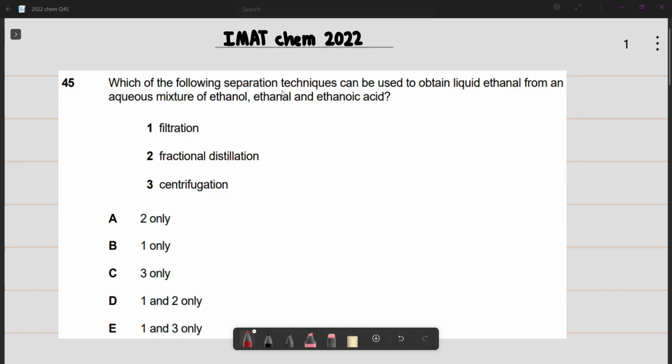First of all, we must know that this aqueous mixture of ethanol and ethanoic acid is a homogeneous mixture. Why is that? Because all of these compounds, including water, are polar molecules.